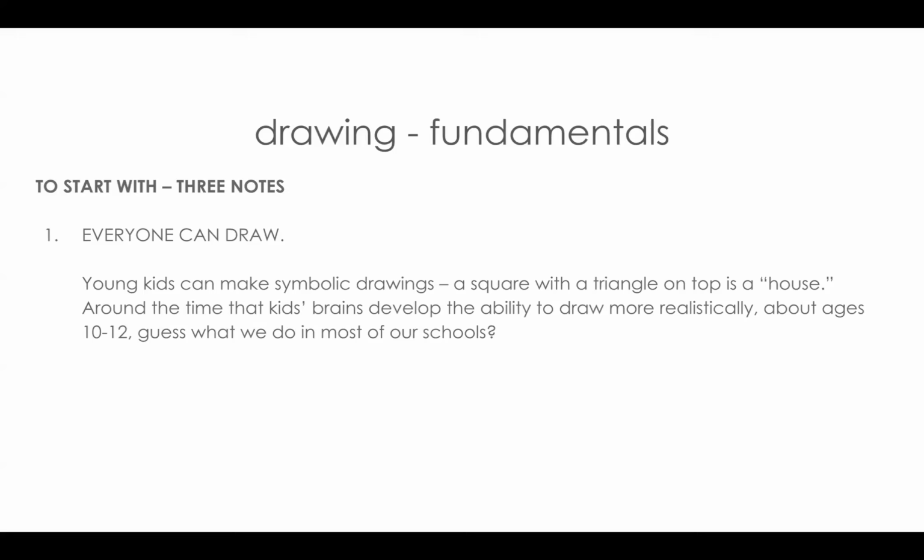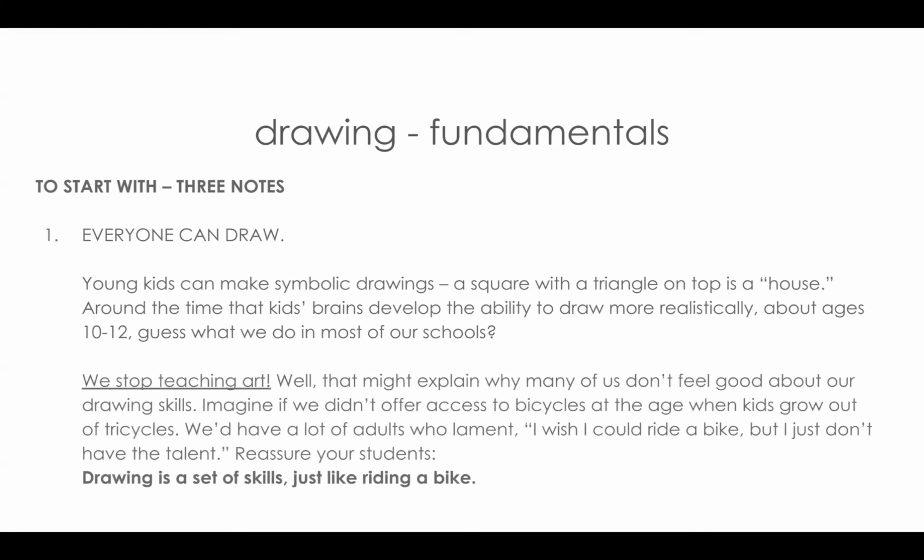Then at a certain point, when they're about 10 or 12, their brains mature to the point where they can actually see shapes and translate shapes onto the page, at first in a rudimentary way. That is the stage when our brains are able to actually see things in the world and translate them to the page in a way that's more than symbolic. And that's precisely when we stop teaching drawing.